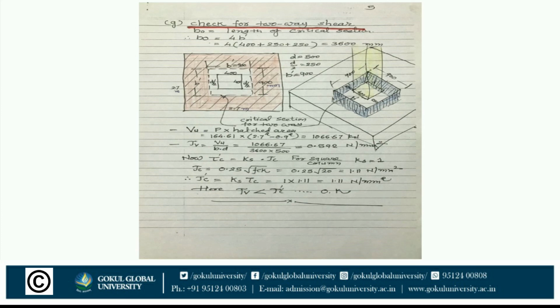Therefore, tau dash c, which is equal to Ks into tau c, 1 into 1.11, is equal to 1.11 Newton per mm square. Here, tau v is less than tau dash c. Therefore, our footing is safe in two-way shear, as well our footing is safe in one-way shear.